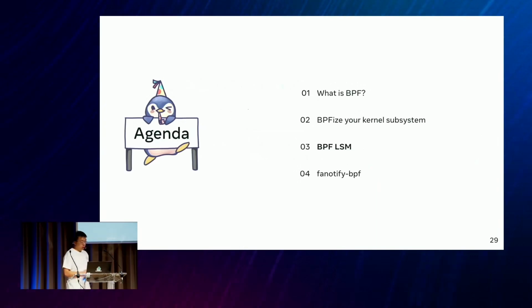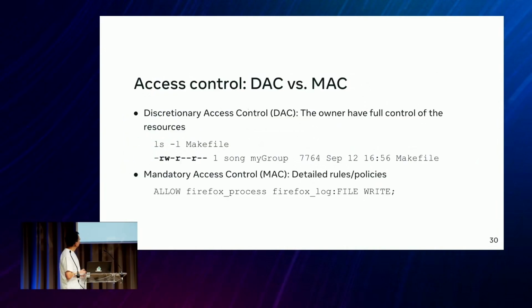Now let's dive into a use case, BPF LSM. What do we need LSM for? It's for access control in the system. In the system, we have two types of access control. The discretionary access control, which basically gives permission to the owner.